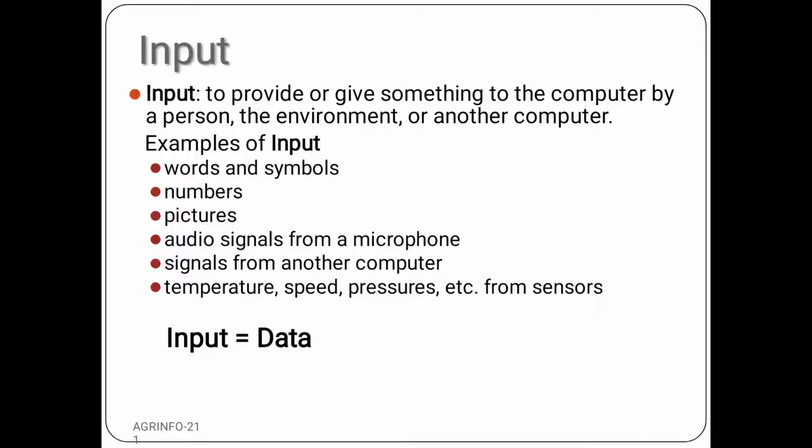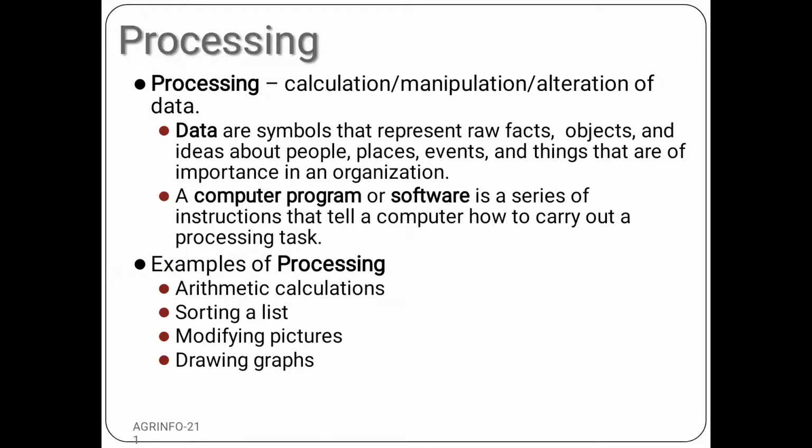From a sensor. Input equals data. Processing: calculation, manipulation, alteration of data. Data are symbols that represent raw facts, objects and ideas about people, places, events and things that are of importance in the organization.